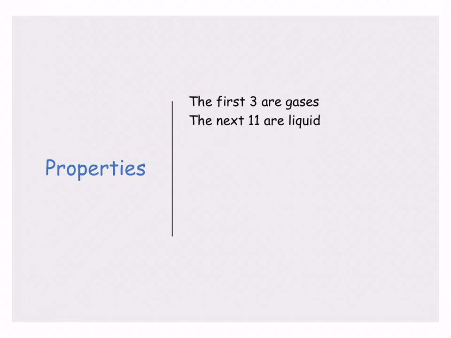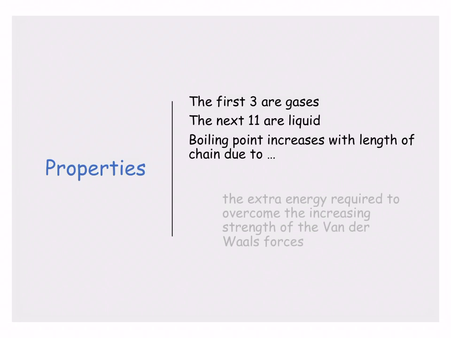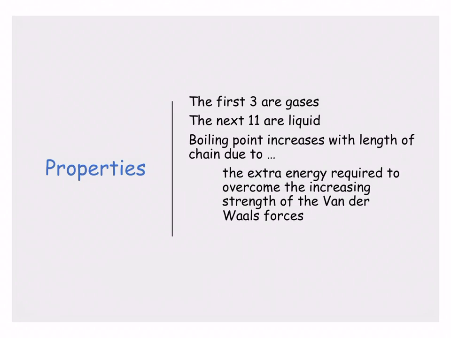The next 11 are liquids, and again, just like the alkanes, boiling point increases with length of carbon chain. Why? You need a higher level of energy to overcome the van der Waals forces between the molecules. Again, it's exactly the same as the alkanes.